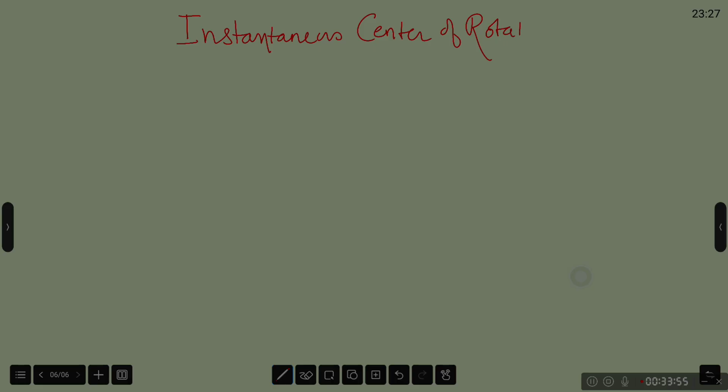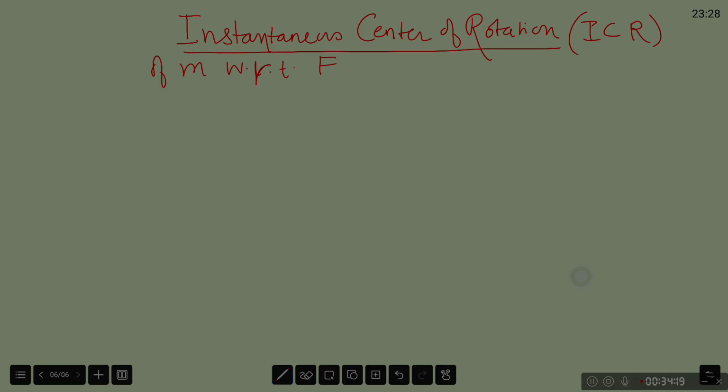ICR, we will use the acronym ICR, of a body with respect to a frame F. And we will discuss instantaneous center of rotation only in context of planar motion.